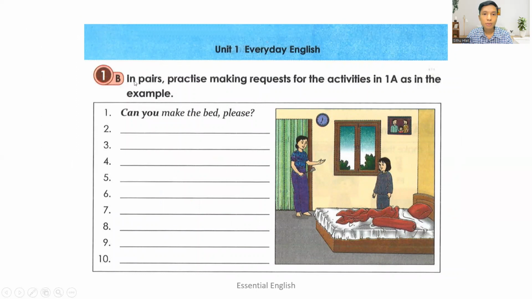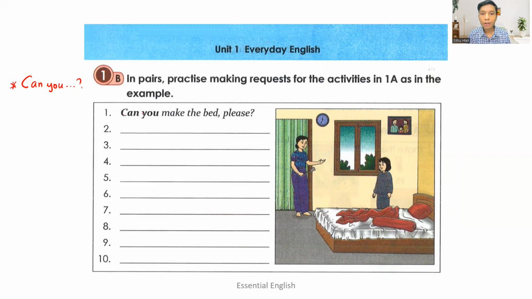Now, in pairs, practice making requests for the activities in 1A, as in the example. This is the use of can you. If you want to ask someone to do something for you, you can use can you.